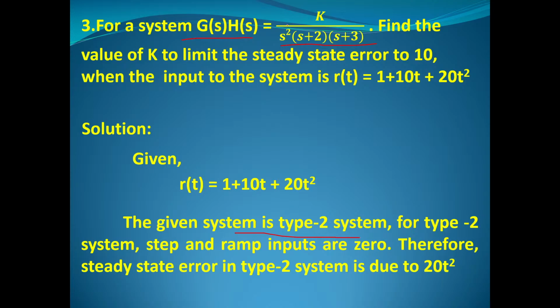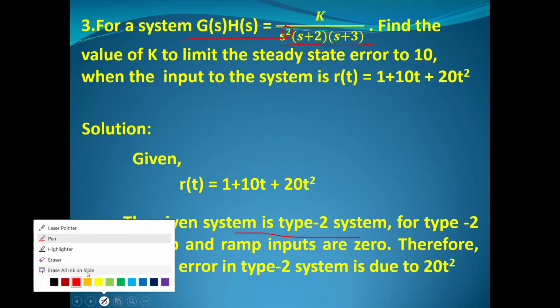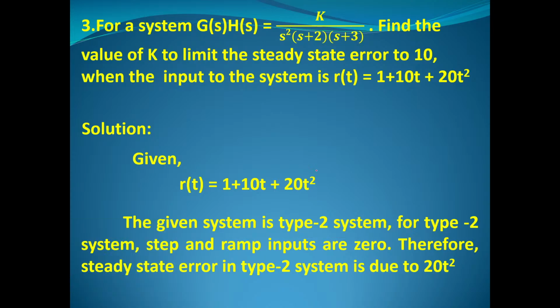Since s to the power of 2 is there in the loop transfer function, it is a type 2 system. For a step input or ramp input, the steady state error will be 0.